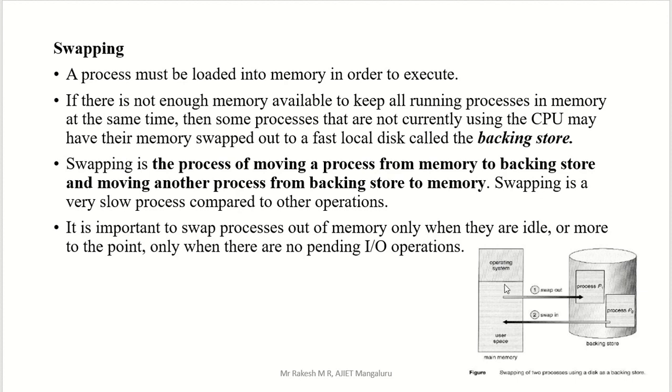Now P1's execution occurs in the CPU, but P1 is waiting for input output, because not all execution can be done in the CPU. In order to complete its execution, some processes need input output. So consider that CPU execution is over, but it is waiting for input output.